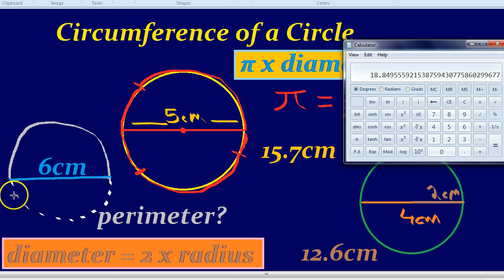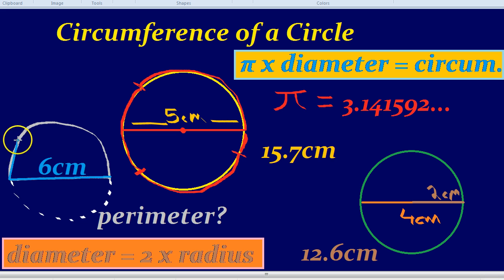If that's the circumference, the outside round bit of the whole circle, what about the outside round bit of just the semicircle? And semi means half a circle. Yep, you would half it. So the round bit here, let's do it in red, is 9.4 centimeters.